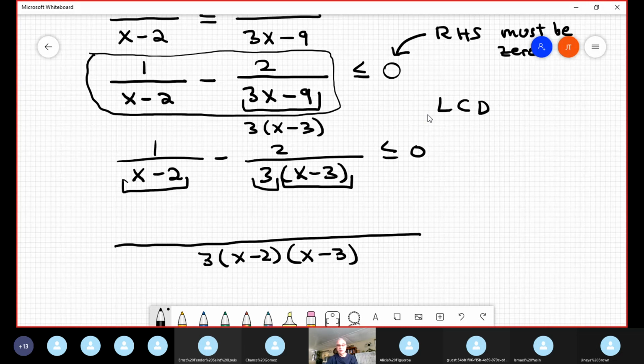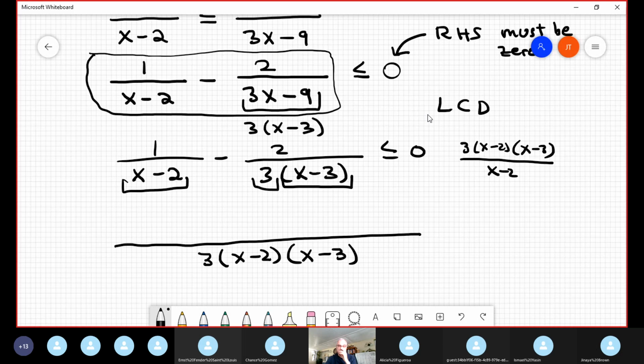Now in order to find the top, you divide the least common denominator by each denominator and multiply by the corresponding numerator. That's the idea. For example, you divide 3 times x minus 2 times x minus 3 by x minus 2.